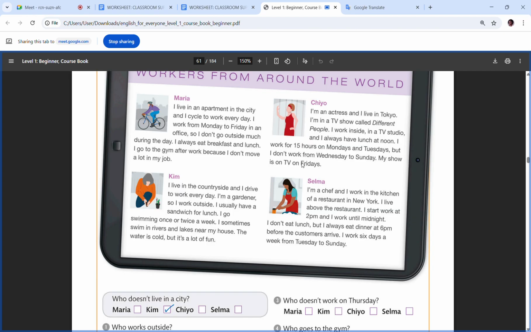She says here, I work for 15 hours on Mondays and Tuesdays, but I don't work from Wednesday to Sunday. So she does not work Wednesday, Thursday, Saturday, and Sunday. So do we have the right answer? Is our answer right or wrong?